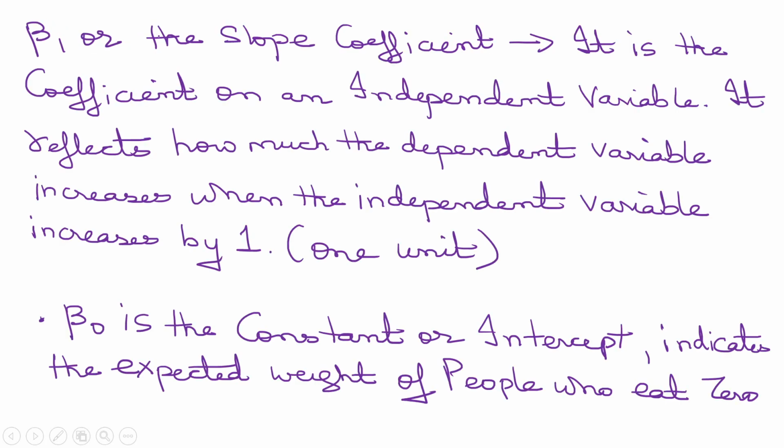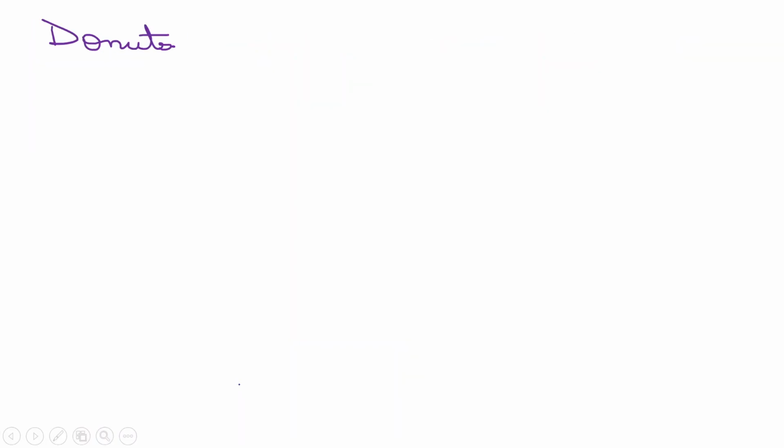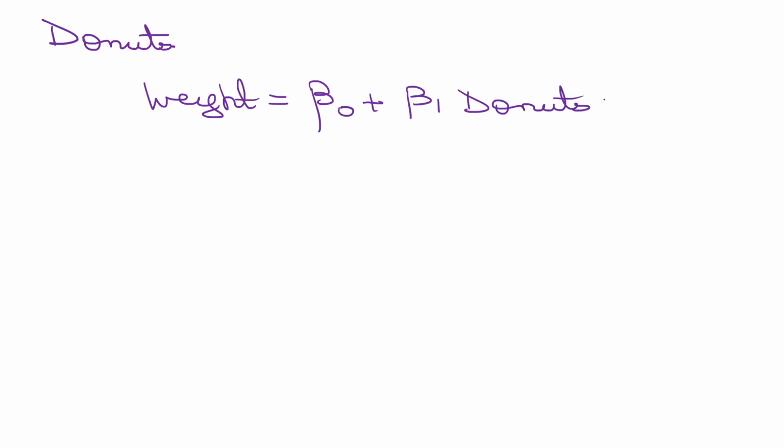Now, we have introduced a new term here, that is expected. Expectation in statistics has a particular meaning. It refers to the average value of a random variable. In this example, the equation again is weight equals beta naught plus beta 1 donuts plus an error term, which we will explain.